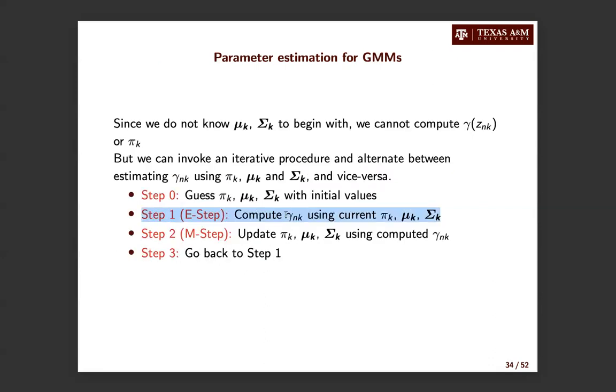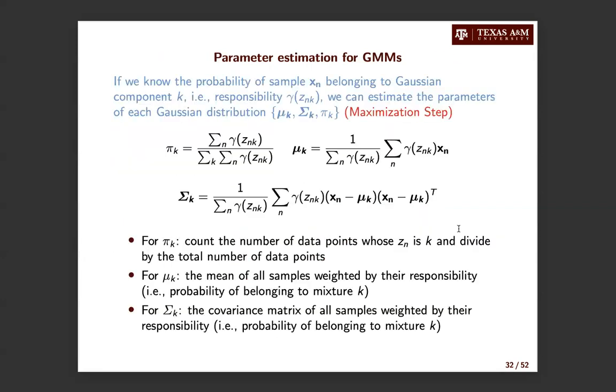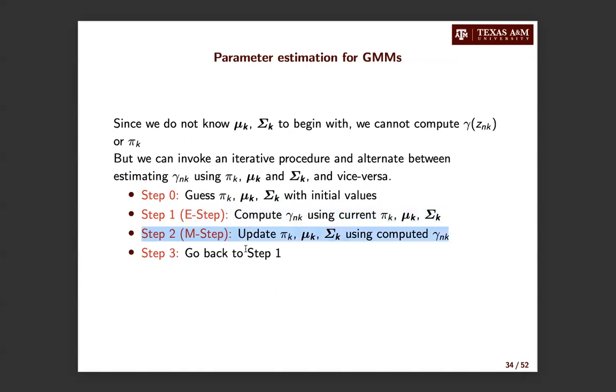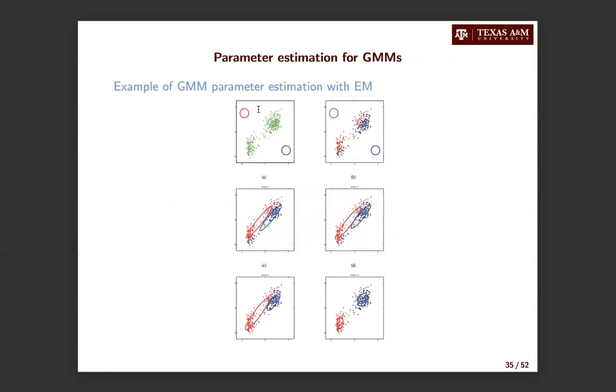Following that, since we know the responsibilities, we can update the parameters of each Gaussian mixture, and this update is done using these three equations here. This procedure can be iteratively repeated multiple times until we have a solution for our data. So this is an example of how we can run what we call expectation maximization for our GMM algorithm.